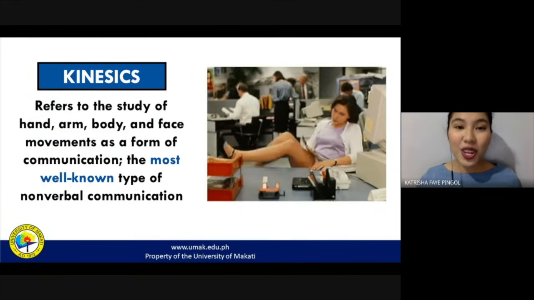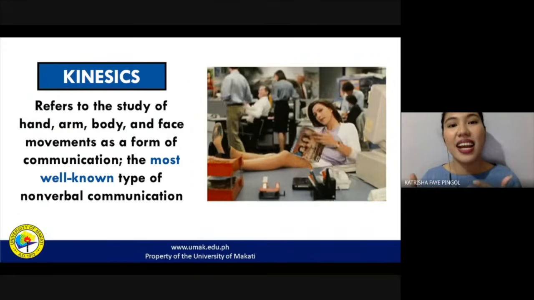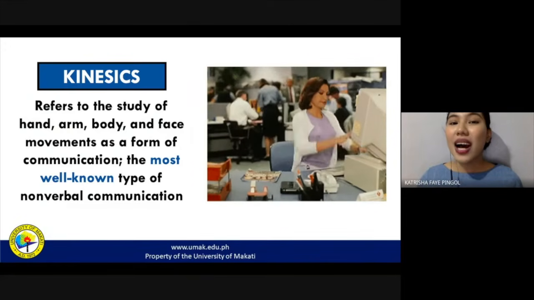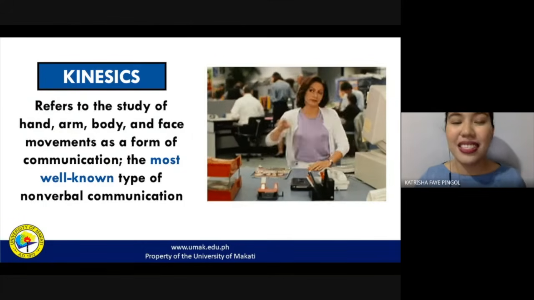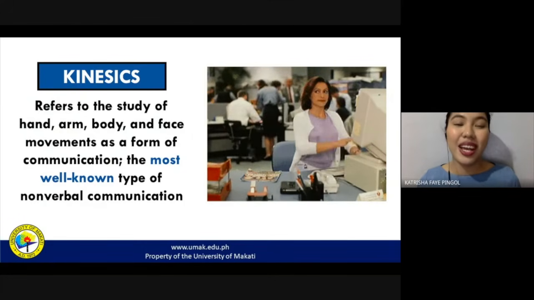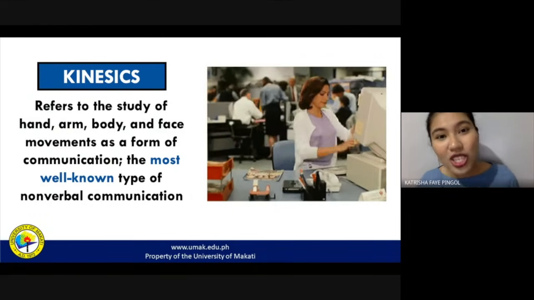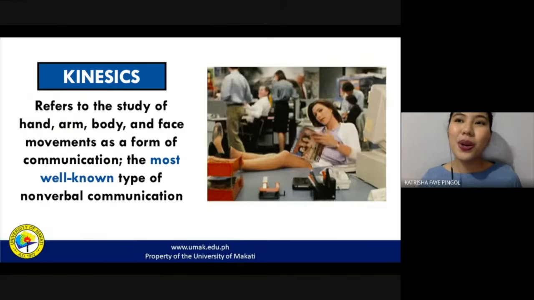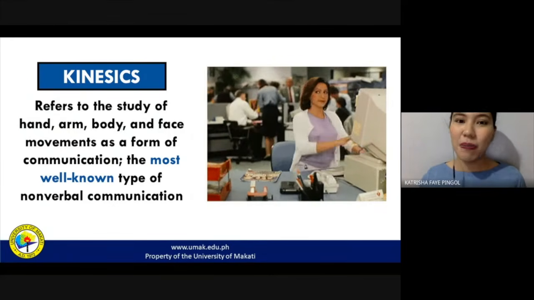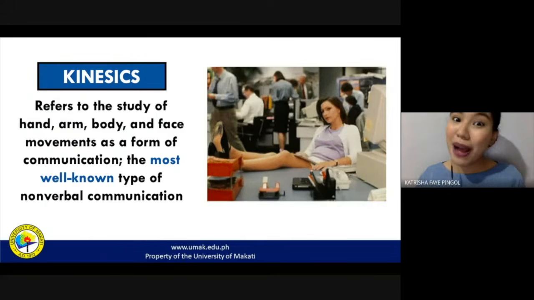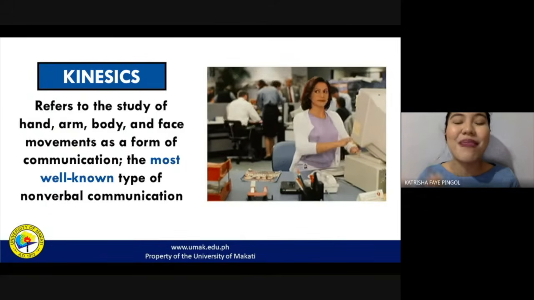When you are in a classroom and a teacher walks inside the room, you would notice how students would straighten their bodies up, fix their things, even without the teacher telling them to do it. Same in an office setup. If your boss walks by, you would notice that your body automatically reacts to it by straightening up or trying to go back to doing some work. So those things could communicate something already.